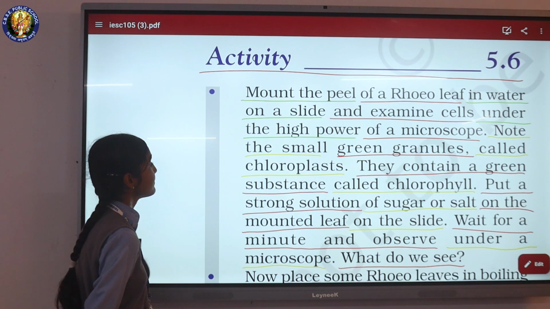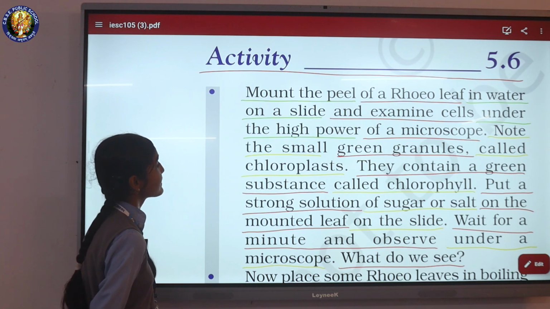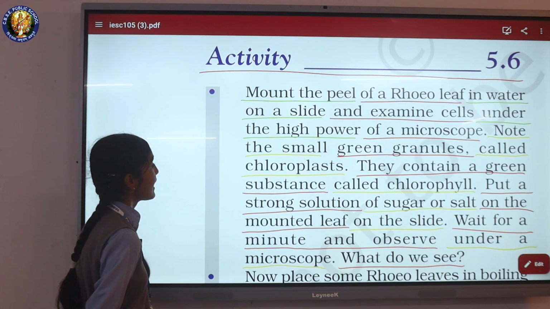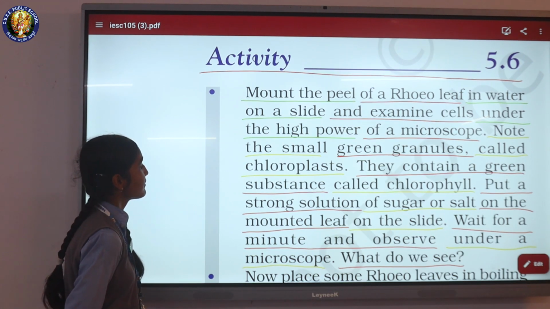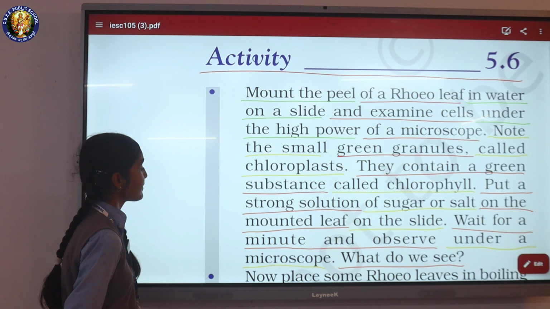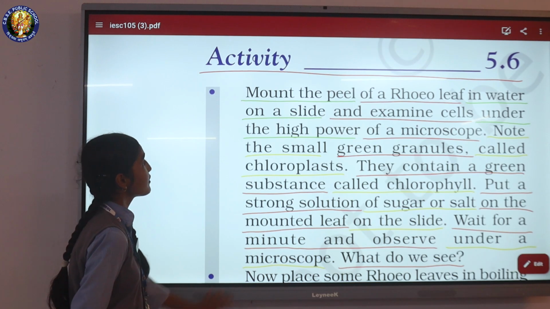Note the small green granules called chloroplasts. Put a strong solution of sugar or salt on the mounted leaf on the slide. Wait for a minute and observe under a microscope. What do we see?